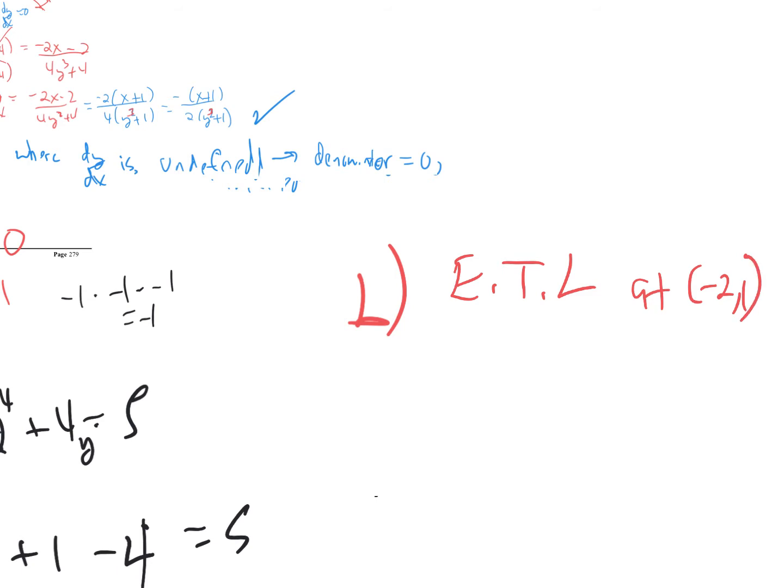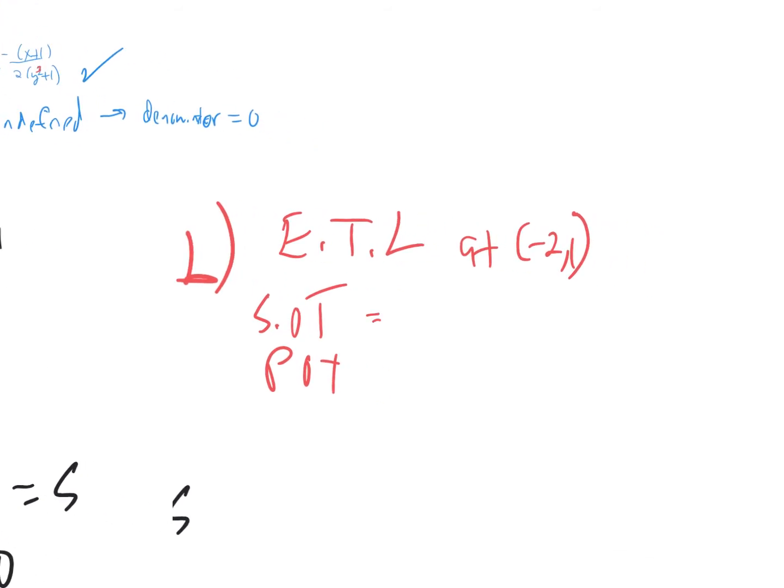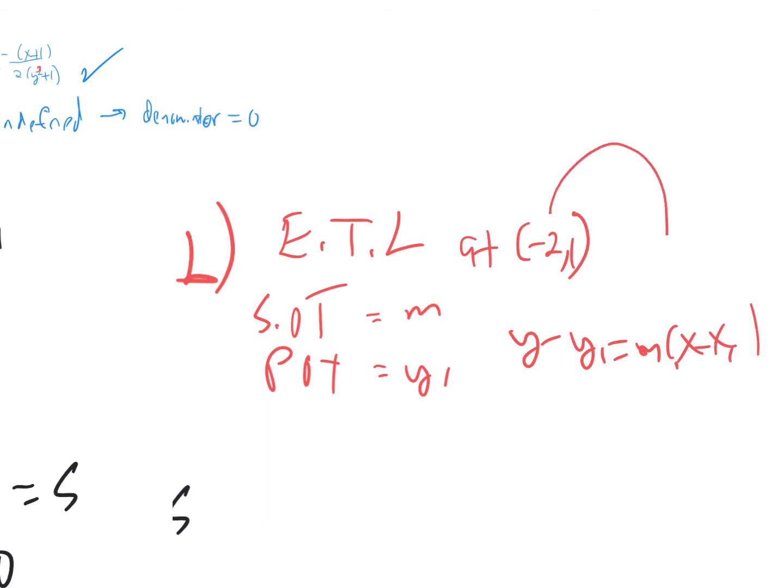So I need the slope of the tangent line and I need the point of tangency. So this gives me my slope, this gives me my y1. In the equation, y minus y1 equals the slope times x minus x1. And obviously x1 comes from this x right here.